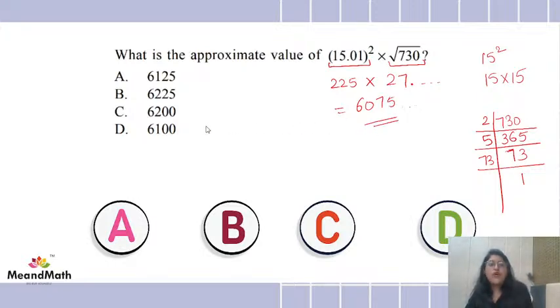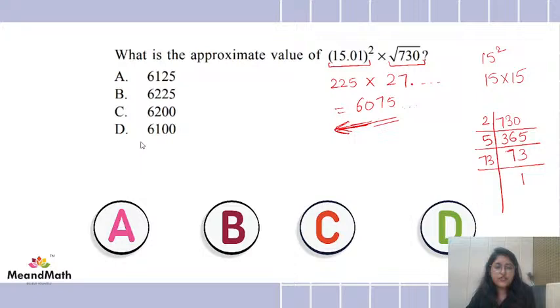Okay, so can you tell me about these options? Which is the nearest number to this approximately? Which number is nearest to this one among these options? Very good, students. Which option do you think is correct? Nearest to 6075. Very good, Vaishnavi.